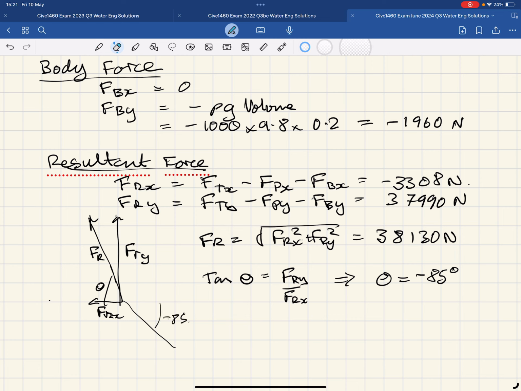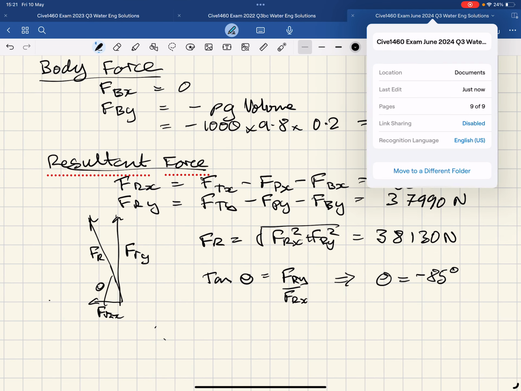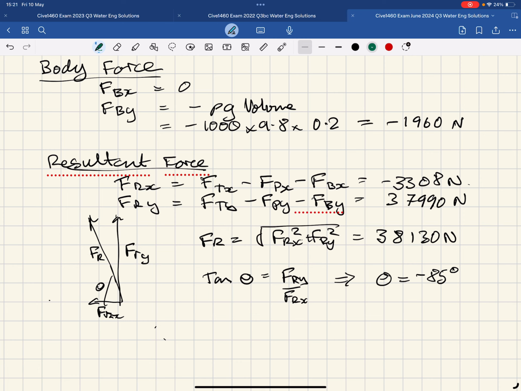So that's not a very good diagram of that. Let me see. Let's carry on down here. Let's say 85. Okay, so this is the force on the water at this angle.